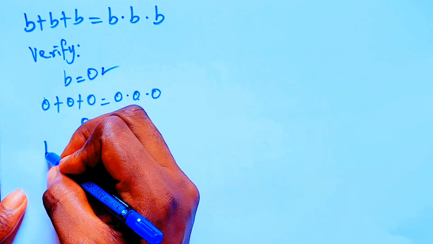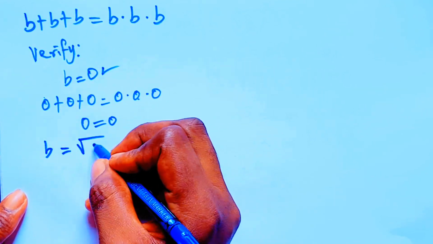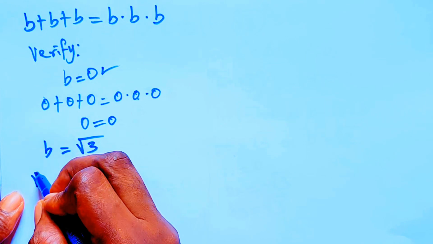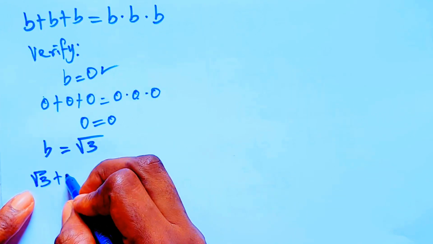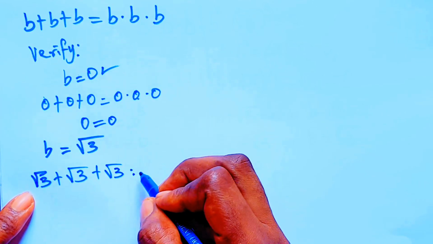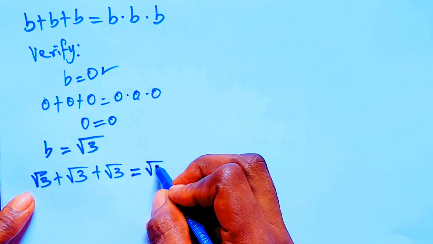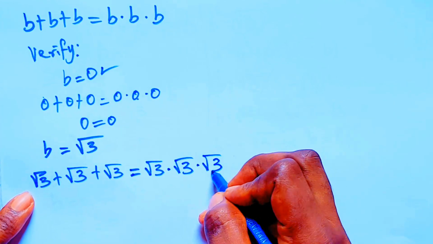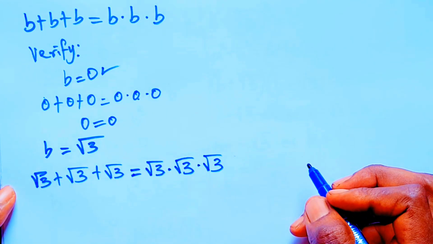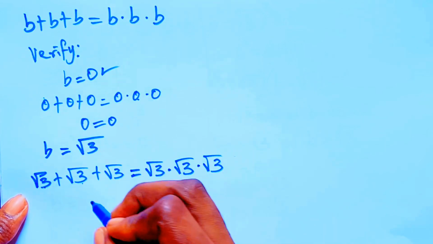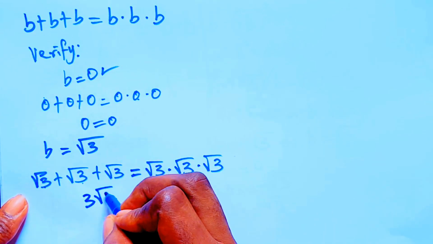Now when b equals positive square root of 3, we are going to have square root of 3 plus square root of 3 plus square root of 3, and this equals square root of 3 times square root of 3 times square root of 3. Square root of 3 plus square root of 3 plus square root of 3 will give us 3 square root of 3.